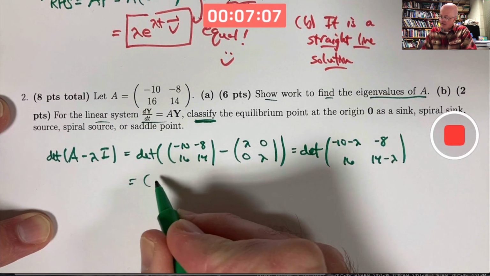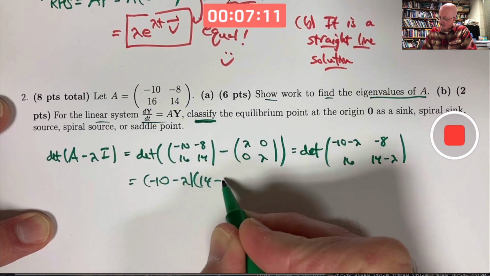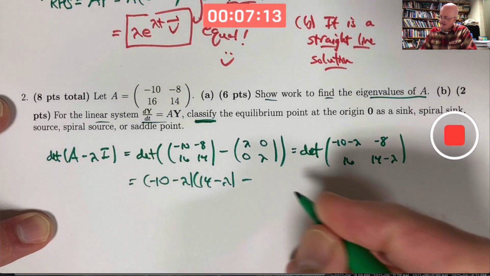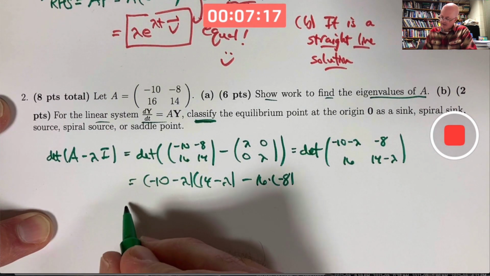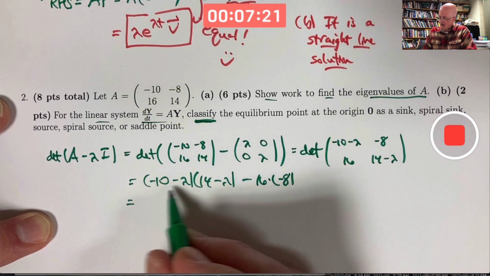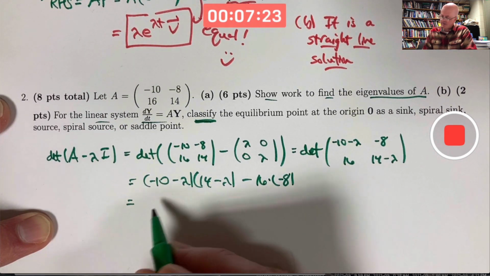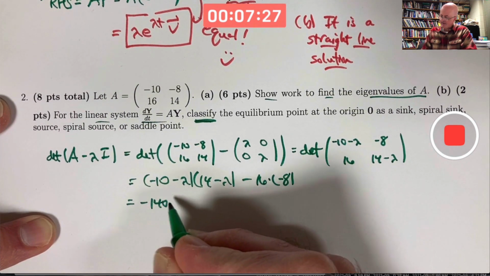So I'm going to have -10 minus lambda times 14 minus lambda minus 16 times -8. You got to be really careful with negative signs here. Okay, hopefully I can be careful here too. So we go ahead and FOIL this out. -10 times 14 is going to be -140. Then that's first times first.